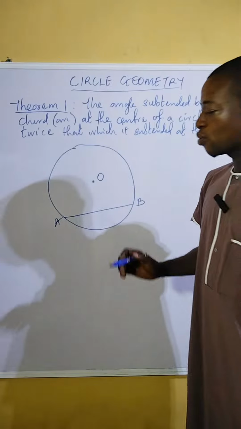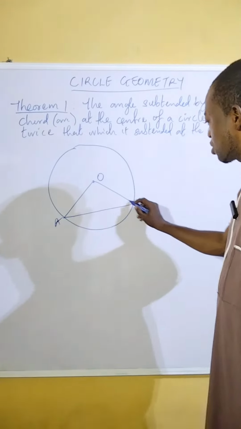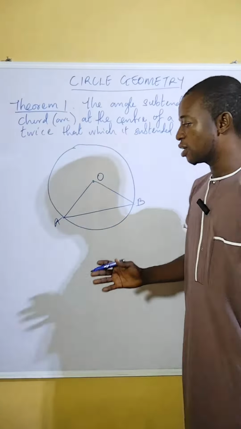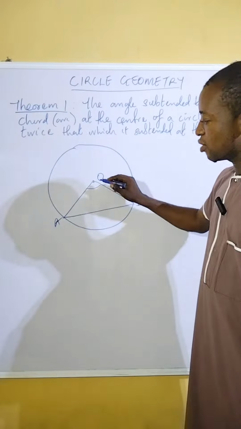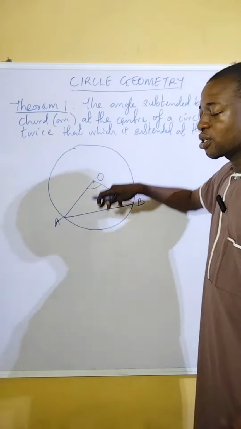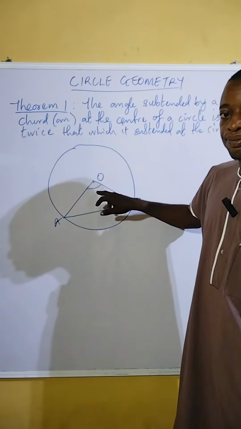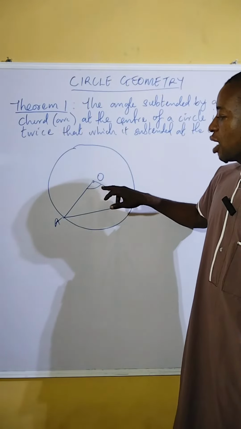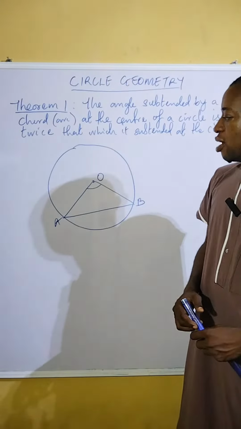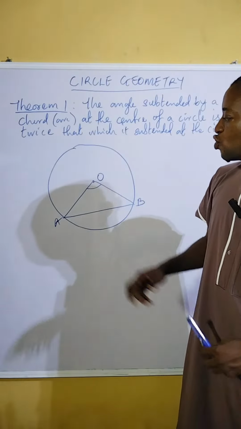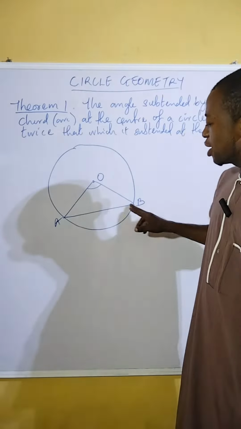The angle subtended at the center by this chord: actually, there are two angles here, the one inside and the one outside, the opposite zone and the reflection. Let's consider the one inside. The angle at the center is twice the angle at the circumference formed by this chord as well.